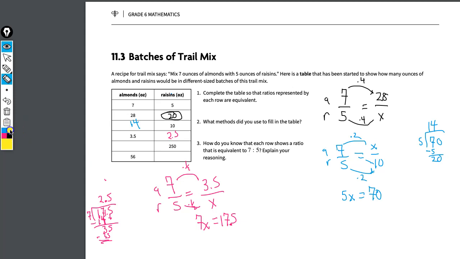All right, let's do 7. This equals, it's 250 in raisins. Remember, raisins on the bottom. So it goes here. So I can do cross products if I want. 5 times x equals 250 times 7.